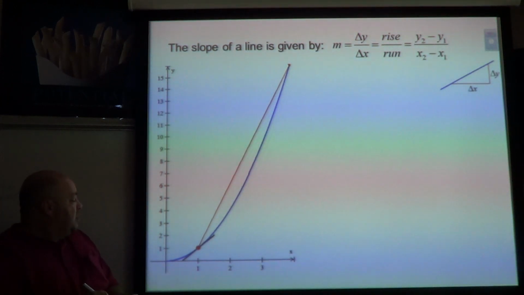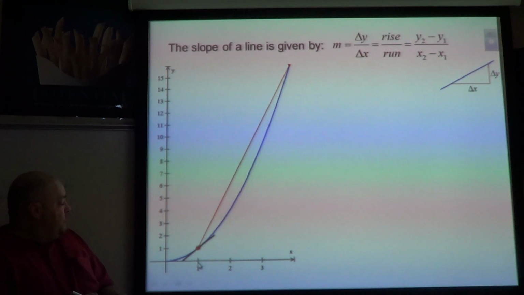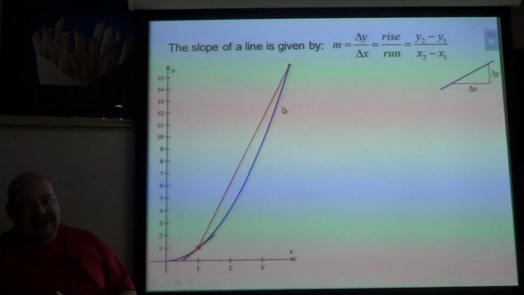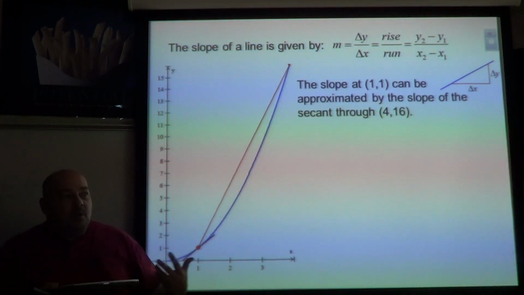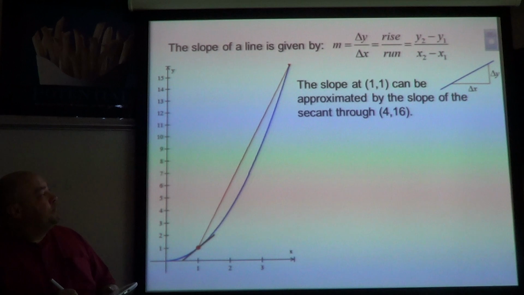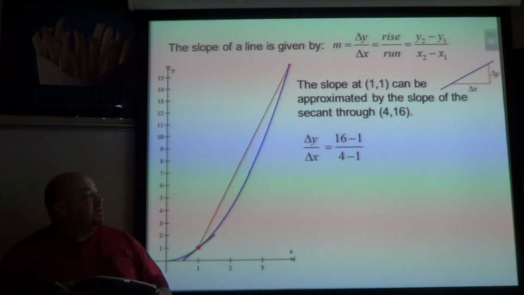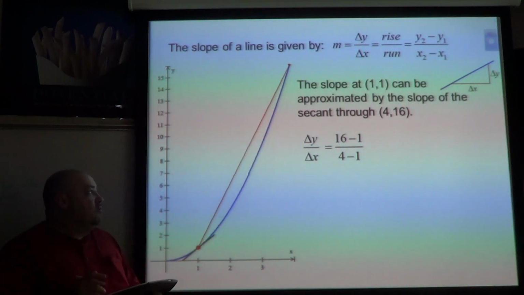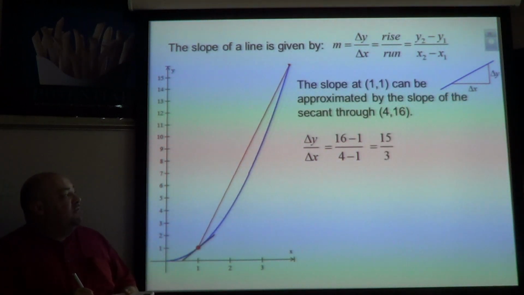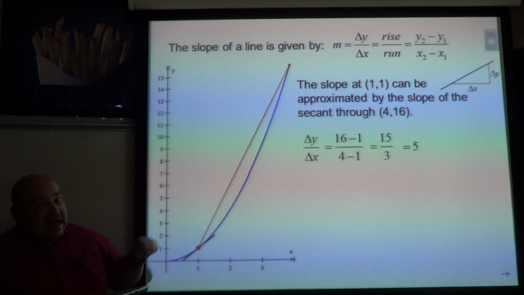So for instance, we could go from our point here at 1, 1 to the point 4, 16, which is up here. Now, if we did that, we would calculate our slope. Delta y over delta x equals 16 minus 1 over 4 minus 1, which gives me 15 over 3, which gives me 5. So the slope of the red line here is 5.